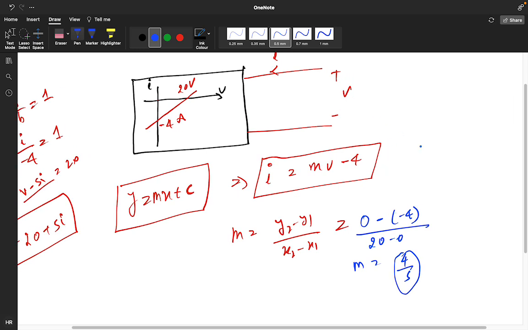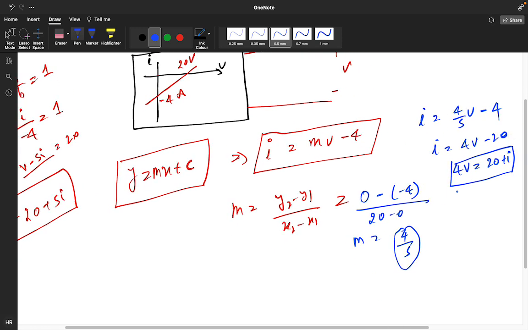We get I is equal to 4 by 20 V minus 4. So I is equal to V by 5 minus 4.